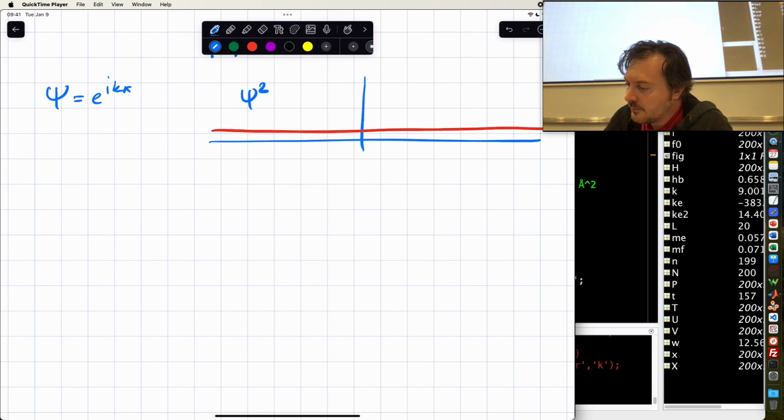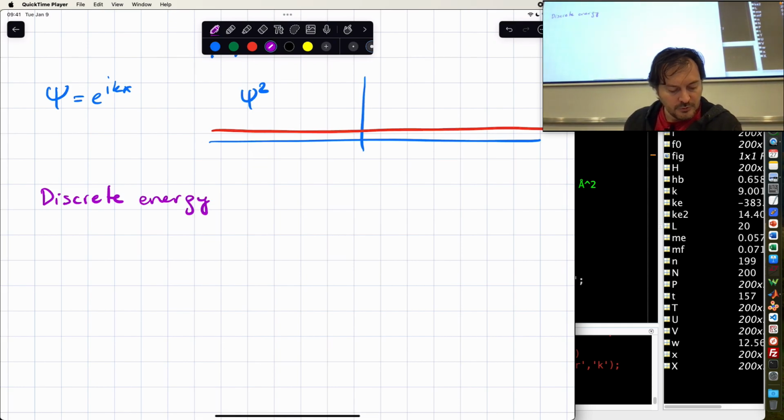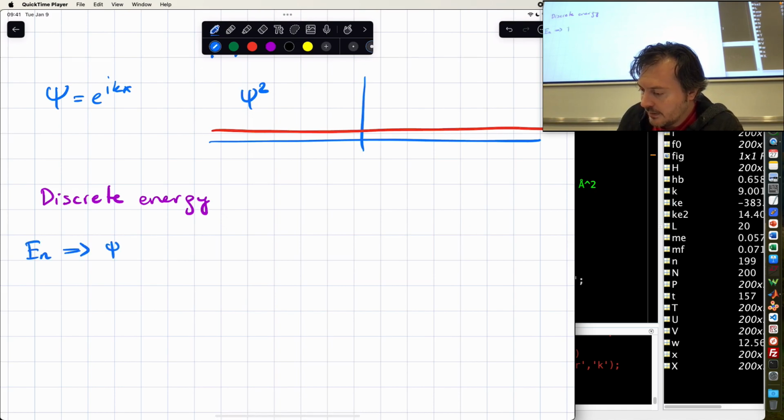To deal with this, we need to remind ourselves about bounded systems and continuous systems. When you have a discrete energy, you have E_n and the corresponding phi_n's, right?